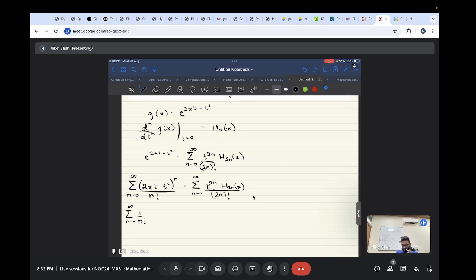Now n goes from 0 to infinity. So assuming that n is some large number, we can do a binomial expansion here for these individual terms, where there is some r equal to 0 to n, 2xt raised to power r and minus t square raised to power n minus r. This is what we're supposed to ideally get.